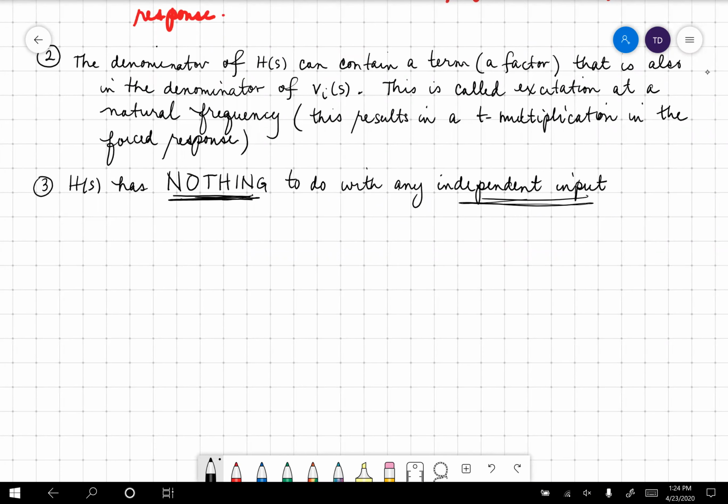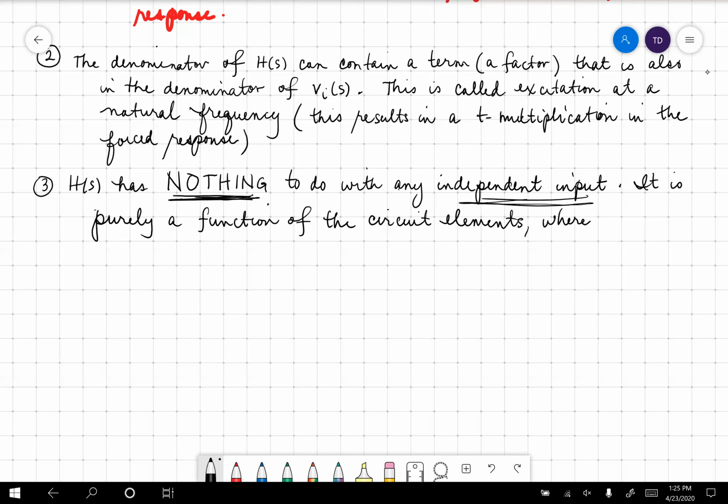It's purely a function of the configuration of the circuit elements, where we are selecting the output, and where we're selecting the input. And notice it's where, not what it is, where.